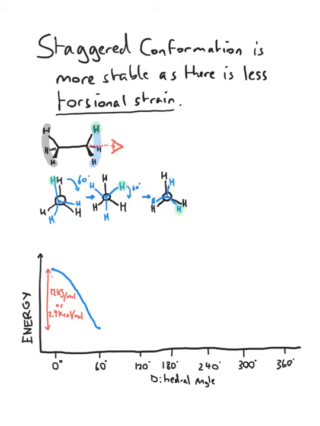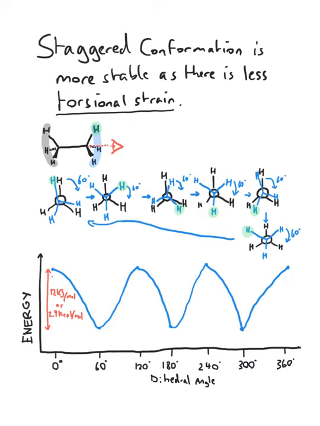As we continue rotating this at 60-degree intervals, we'll see an increase and decrease in the energy corresponding to that torsional strain. The energy is not very high, so free rotation about the single bond is ubiquitous, as in it constantly happens. Why is this?